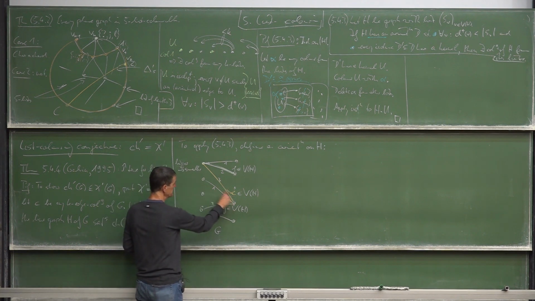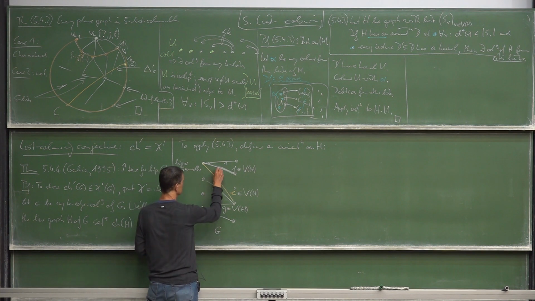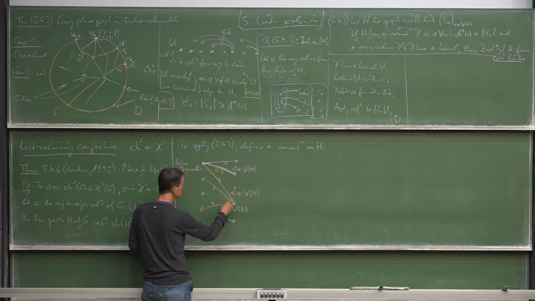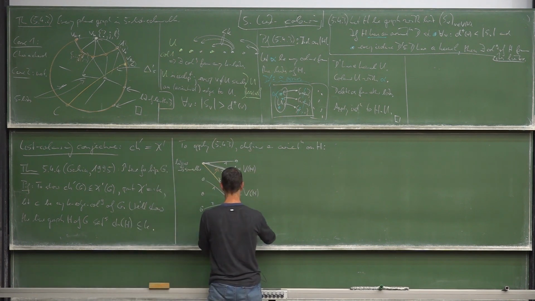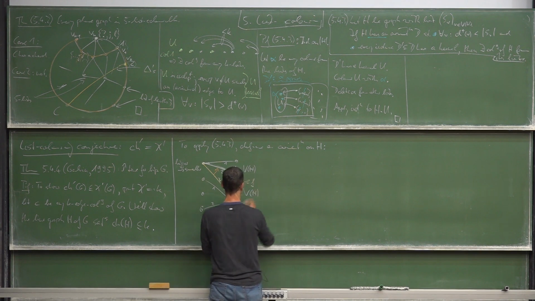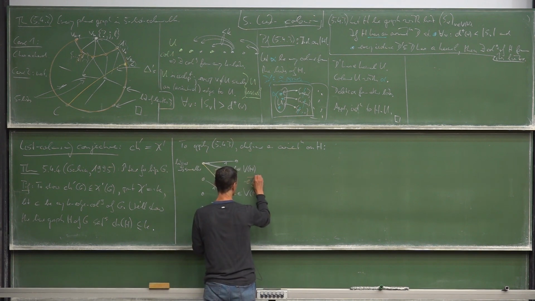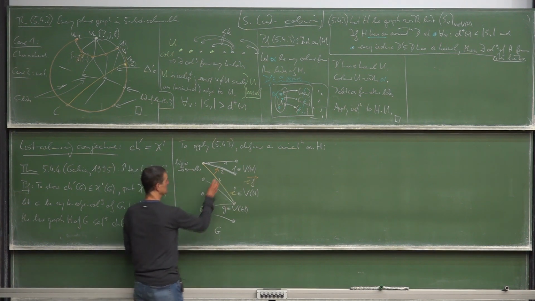So this E here has a bigger color than this F. The edge EF is oriented from E to F because they're meeting here, right?